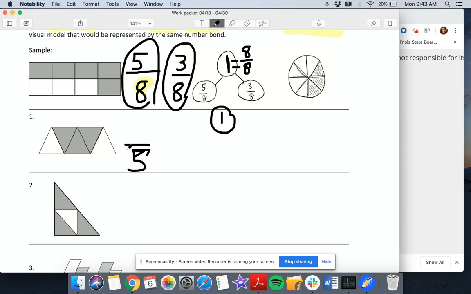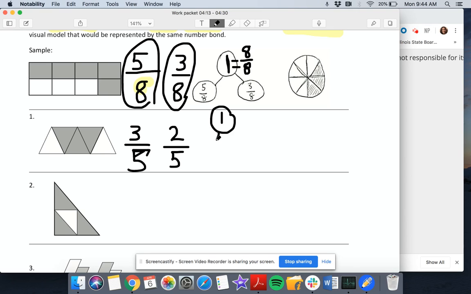Because that's the total number of triangles in this figure. How many of those triangles are shaded? 1, 2, 3. 3 are shaded. And to represent not shaded, 5. There's still 5 triangles in this figure. How many are not shaded? 1, 2.